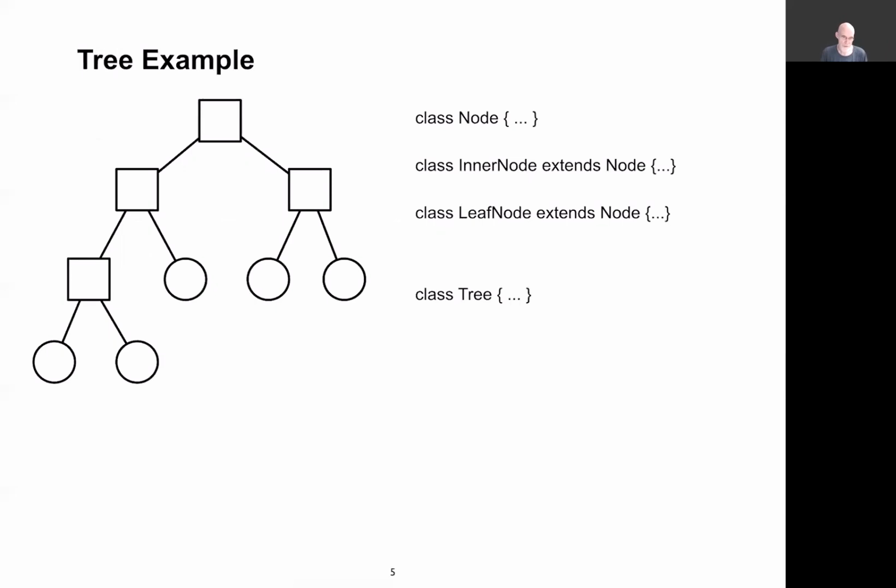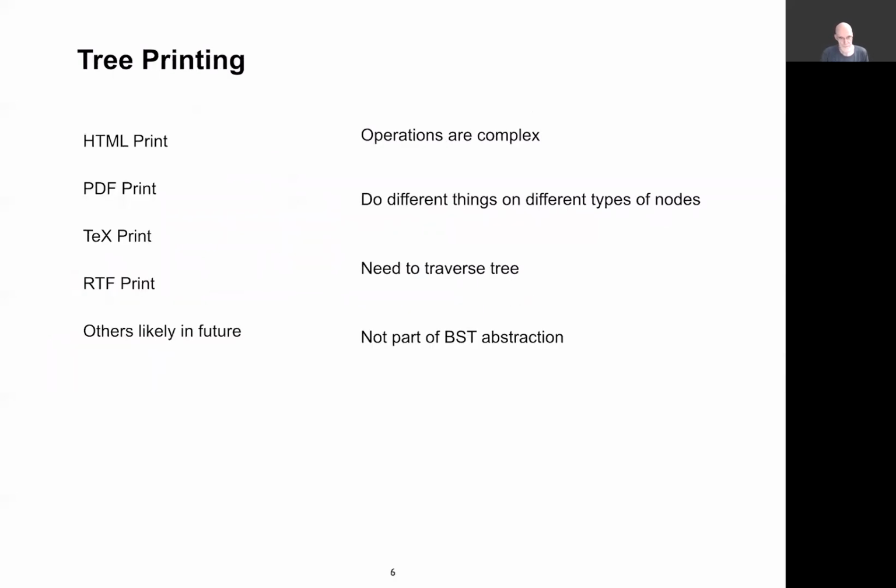Let me give an example, a tree example where I've got inner nodes and leaf nodes. And now I want some way of displaying or printing out the tree. I may want to do it in HTML, so I put it on a web page.